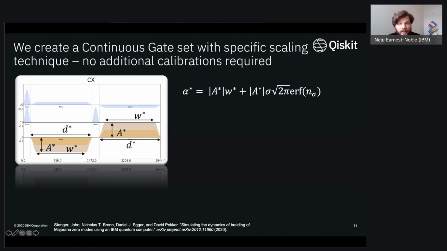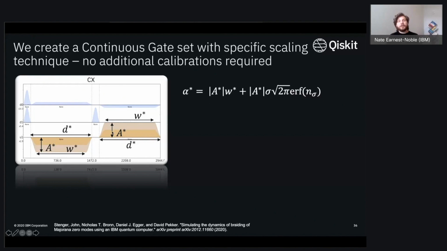Ultimately, what will dictate the rotation on your target qubit will be effectively the area under the curve here, which is dictated by this A star, where A star is the amplitude from your initial calibration. This W is the width of your Gaussian square pulse, and then you have these extra envelopes at the end here.